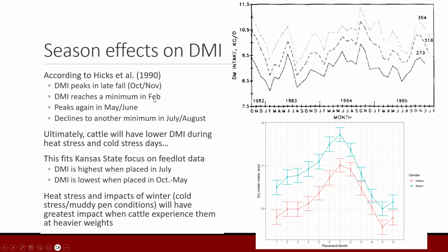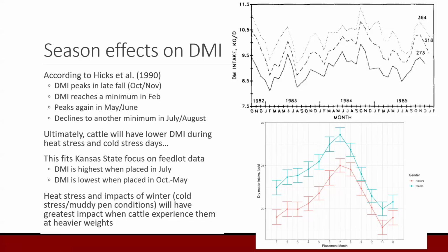Season effects on dry matter intake. Based on this Hicks paper, dry matter intake peaked in late fall. This is not based off their placement body weight, but just how much feed was consumed on average by these cattle by season. In late fall, October and November, they saw the highest amount of dry matter intake. Cooler weather, cattle are going to be able to eat more feed.